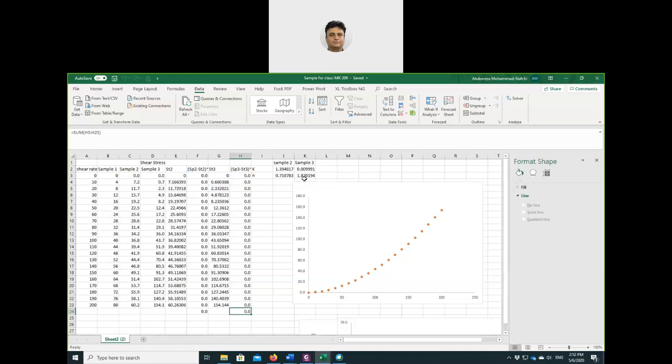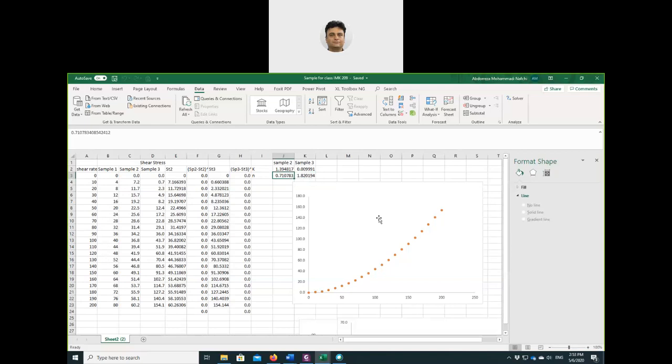As I told you, in shear thickening, N is above 1. For shear thinning it is less than 1. This is more than 1, this is less than. And if it's Newtonian, N is exactly equal to 1 and K is the consistency.